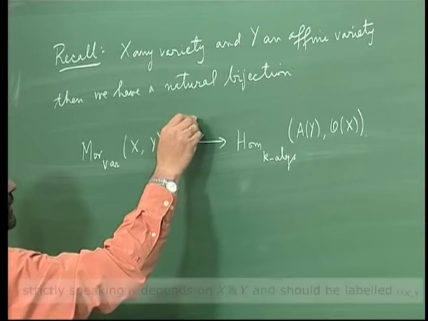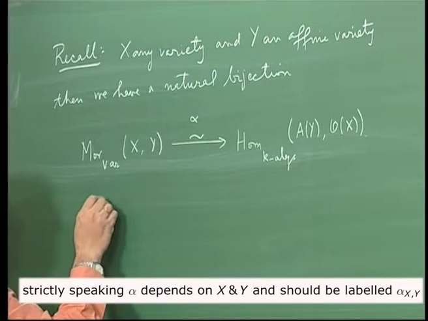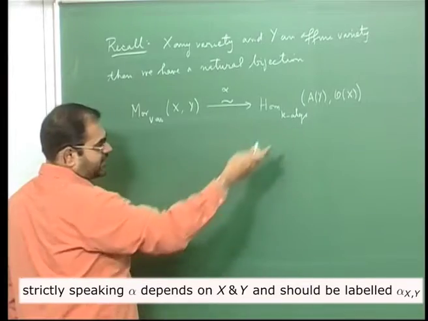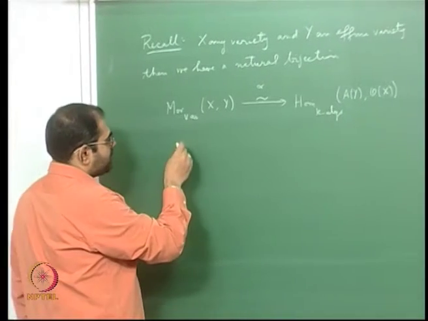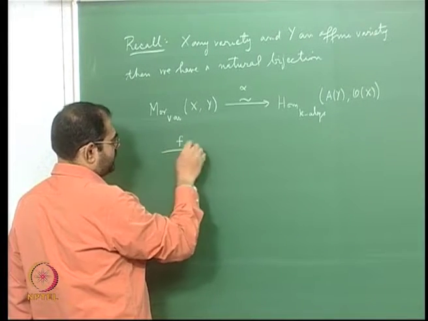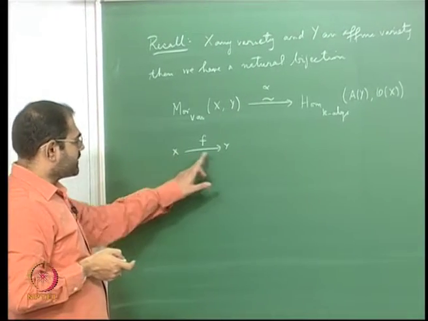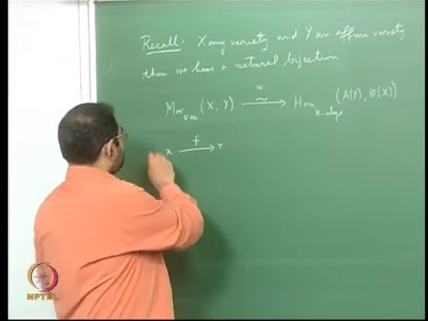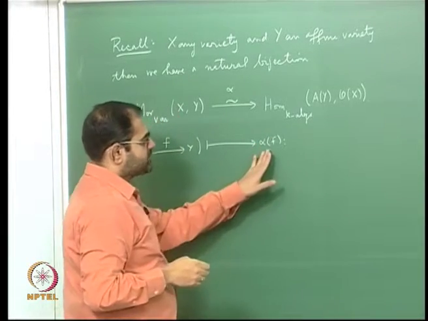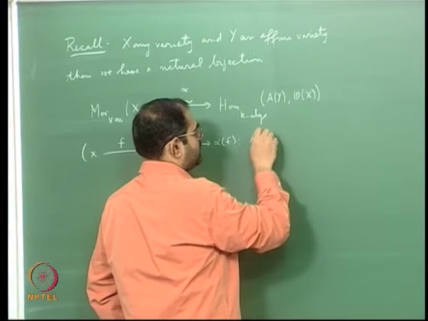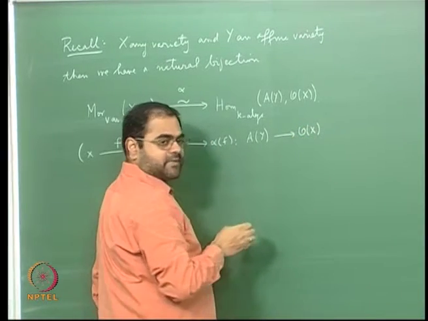If I call this map alpha, then how is this map defined? The map in this direction is just given by pullback of regular functions. In other words, if f from X to Y is a morphism from the variety X to the affine variety Y, then you send it to alpha f, which is going to be a K algebra homomorphism from the ring of polynomial functions on Y to the regular functions on X, and that is very easy.